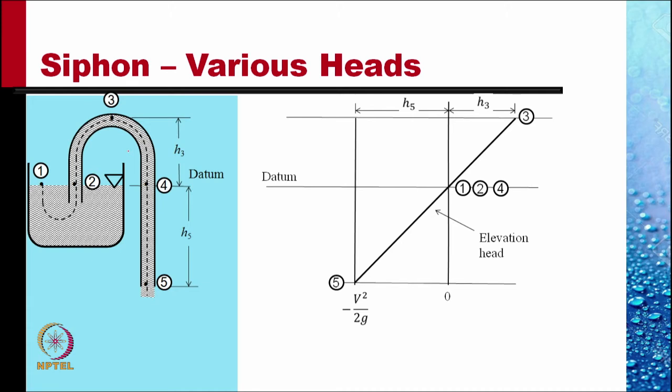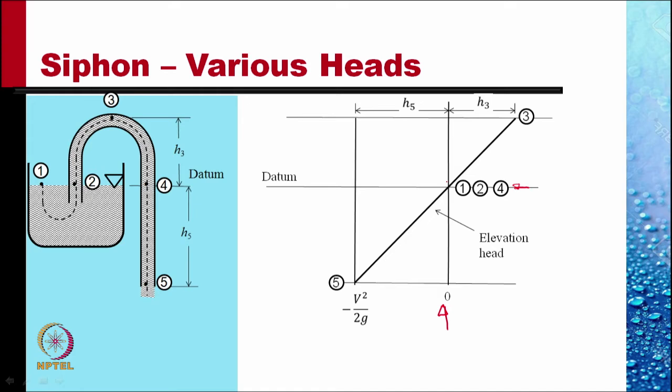If you plot this, let us take this to be the 0 line. The elevation head: points 1, 2 and 4 are at the datum, so the elevation head is 0 here.